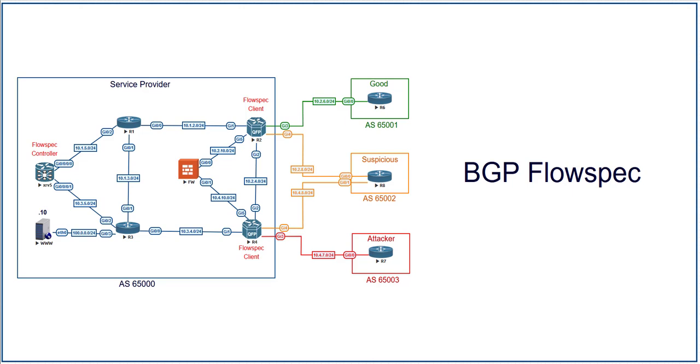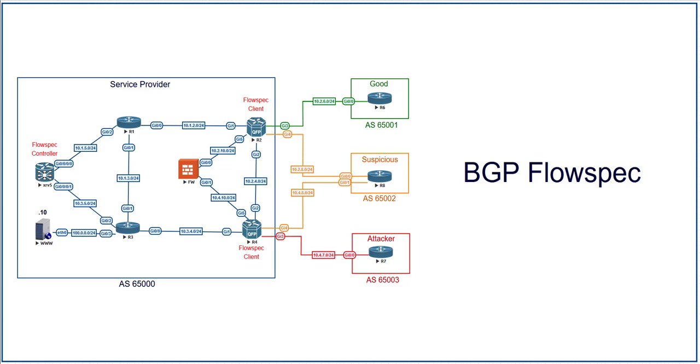Why? Because we can define more match conditions to match the traffic or flow, and also we can define more actions. Because of that, Flowspec is the advanced feature in comparison with RTBH.